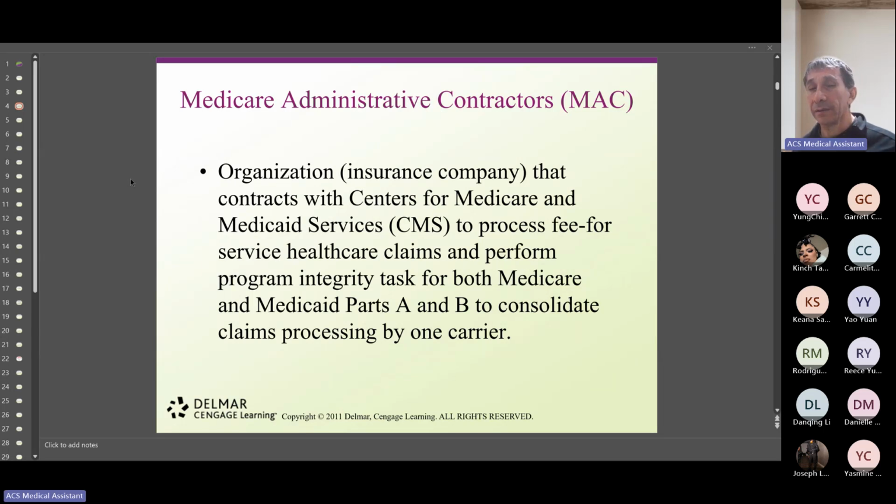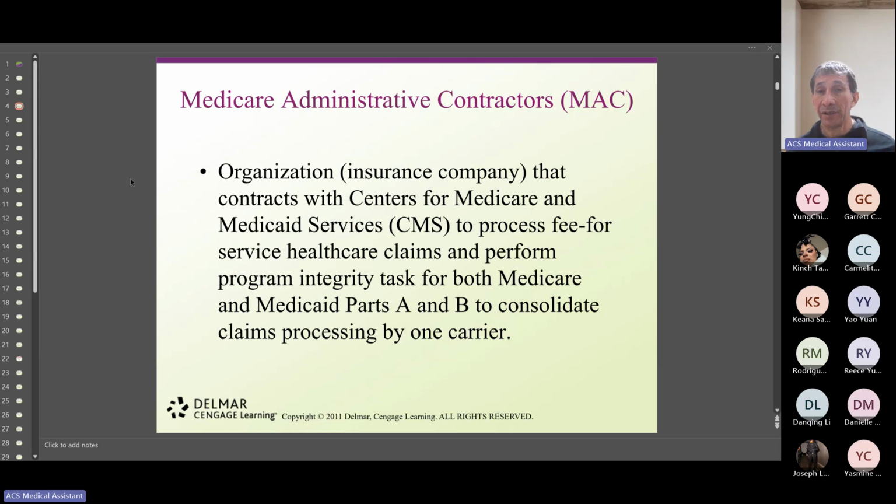Now, Medicare has parts A, B, C, and D. For now, for the purpose of the Medicare administrative contractors, we're going to talk about parts A and B. What is Part A? Part A covers benefits when you are hospitalized. If you are admitted to a hospital, Part A covers those services. What about Part B? Part B covers ambulatory services.